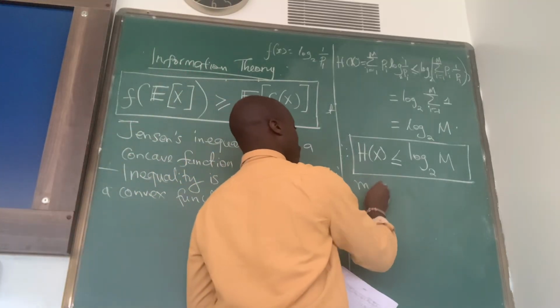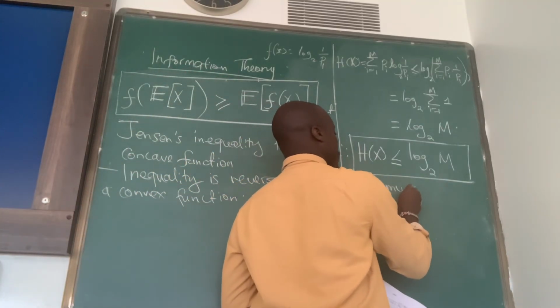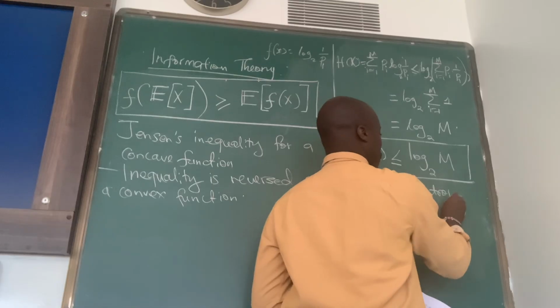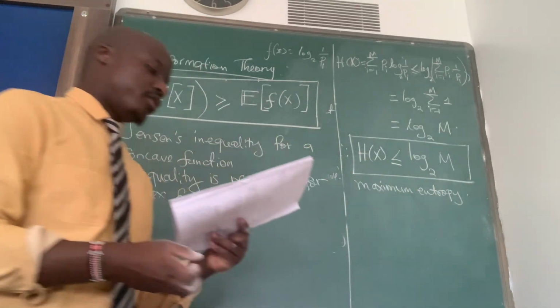That is the maximum entropy for a discrete random variable.